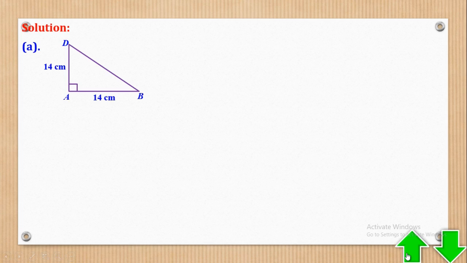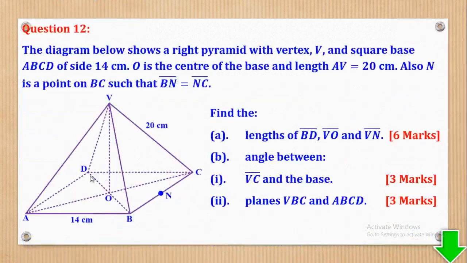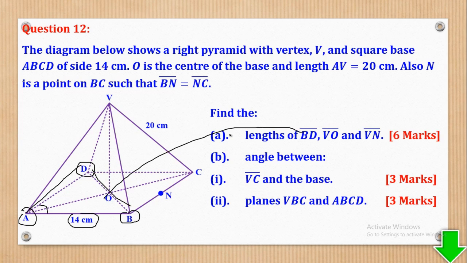So if you look at this diagram, your right pyramid, we have extracted out triangle ABD. So for this triangle ABD, you realize this angle is 90 because it's a square, and this side AB is equal to this side AD. Therefore, what we don't know is BD, and that's what we want to get.